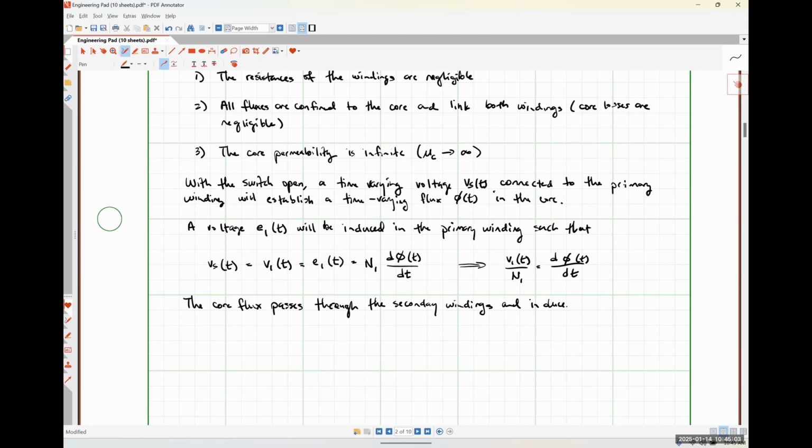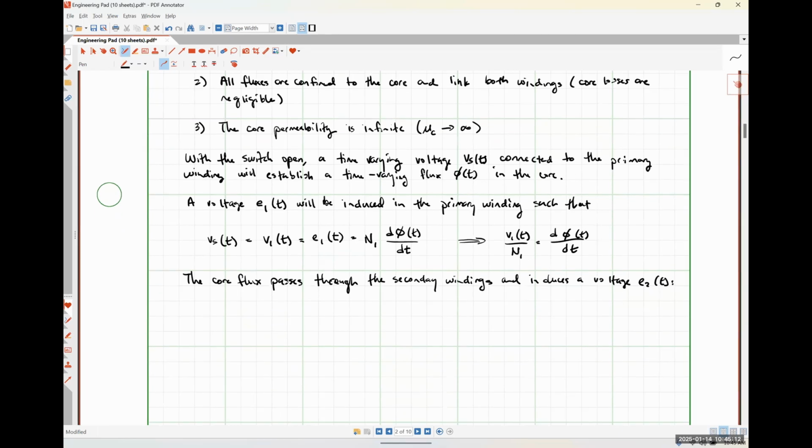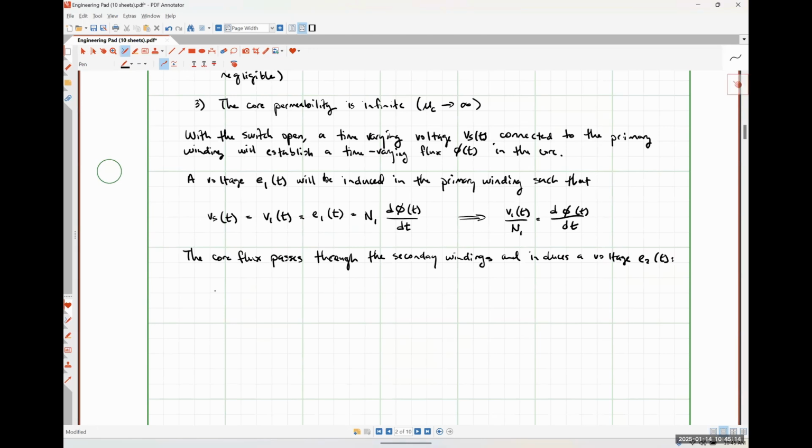And induces a voltage E2. So E2 of t will be N2 times the derivative of our flux with respect to time.